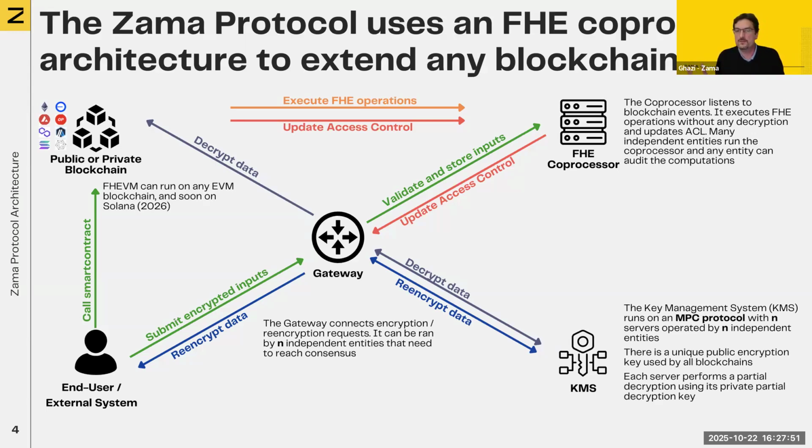So the KMS is there to allow decryption at one point, and we're using basically MPC protocol because we're sharding the private decryption key so that no one has ever the possibility of decrypting the data without the collaboration of the other nodes. And therefore, no one at any point can see the decrypted data when it comes to my data.